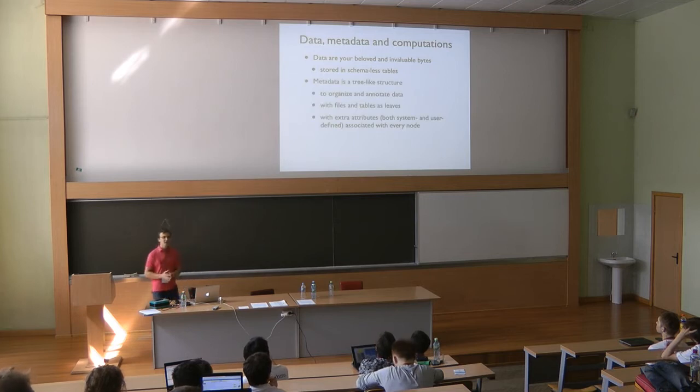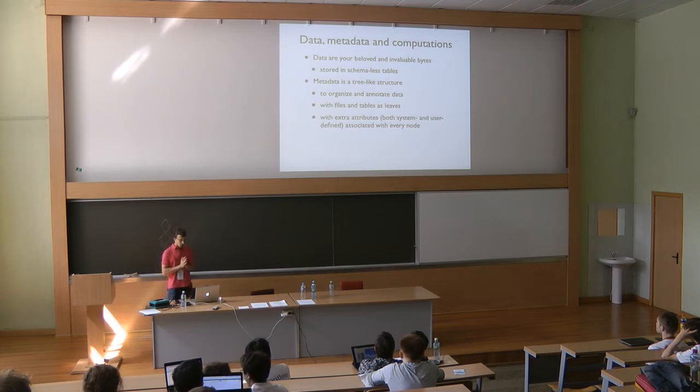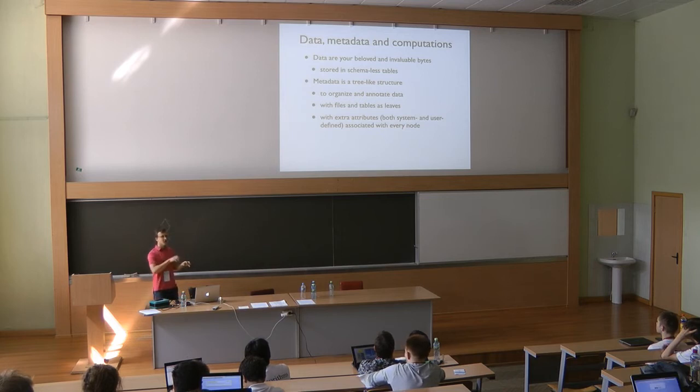So the metadata, it's hard to describe what the metadata is, but usually it's a convenient manner in which you structure your data, how you access it, and how you store additional attributes associated with the data. So we represent metadata as a tree-like structure where your particular tables are leaves, and there are some attributes associated with either leaves or intermediate nodes.